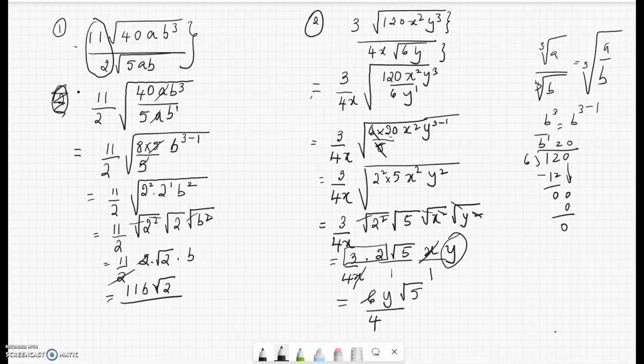So this is 3 times 2 and this is 2 times 2. So we can cancel the 2's and we get 3y radical 5 over 2. 3y radical 5 over 2.